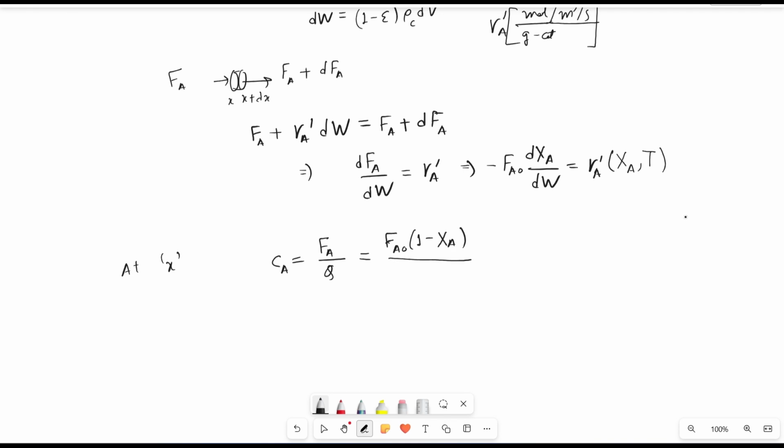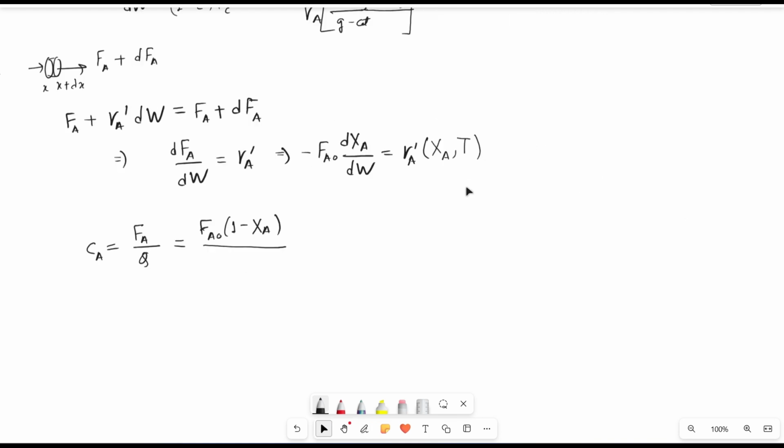Now as we have discussed earlier during the mole balance, to get the volumetric flow rate, we will assume that the gas behaves ideally. PQ is equal to FRT and P naught Q naught is equal to F naught R T naught.